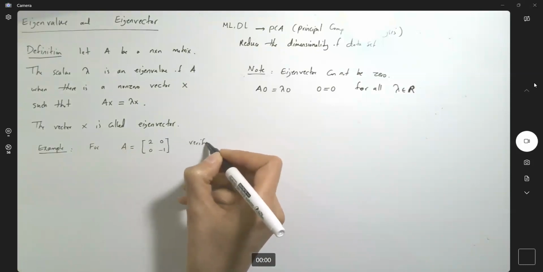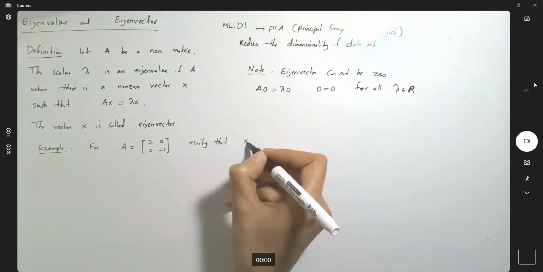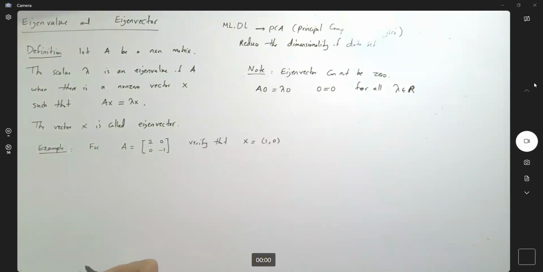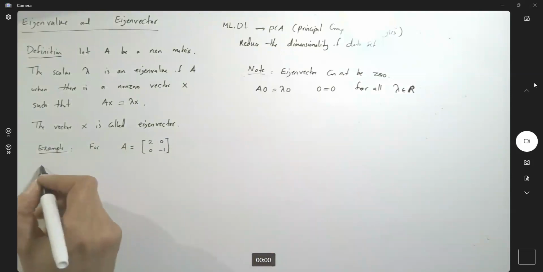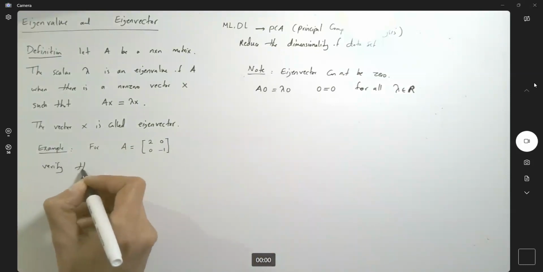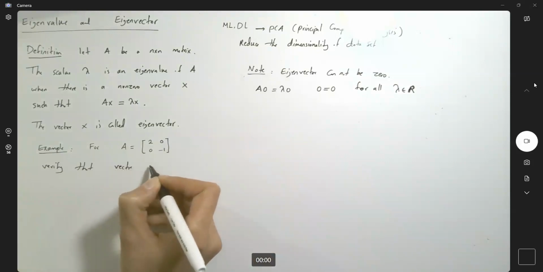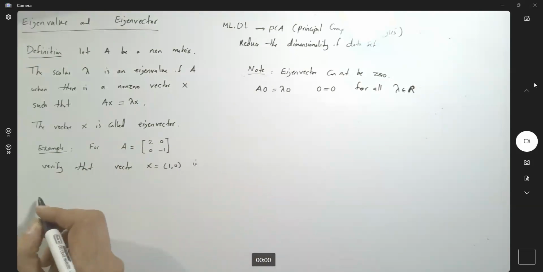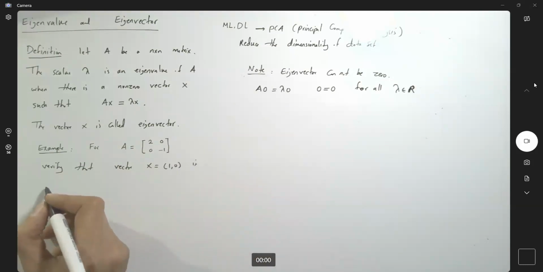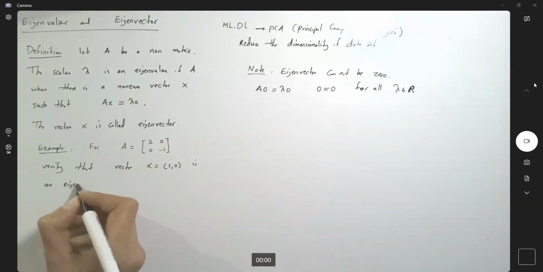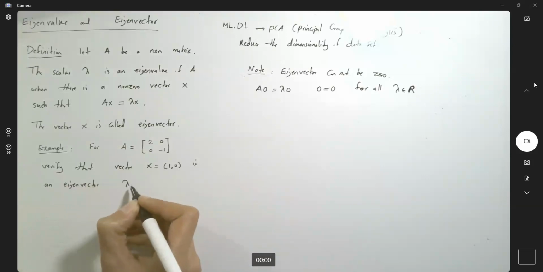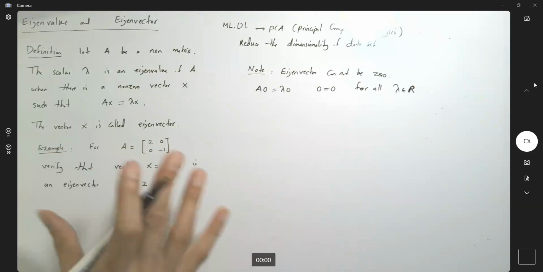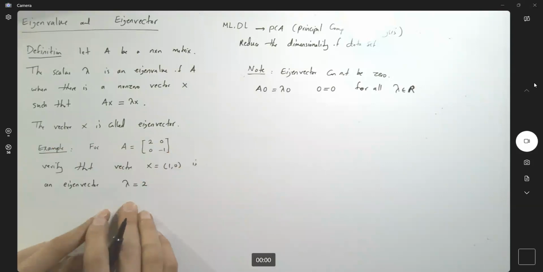Verify that vector x, which is given to you as 1 and 0, is actually an eigenvector. I'm going to give you eigenvalue lambda as well. Later on, we're going to learn how to actually find this guy.